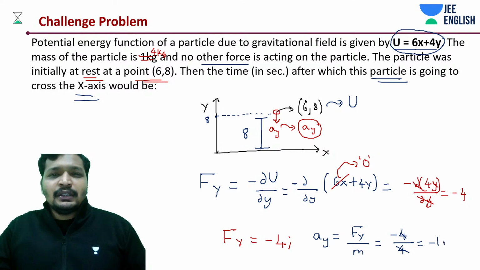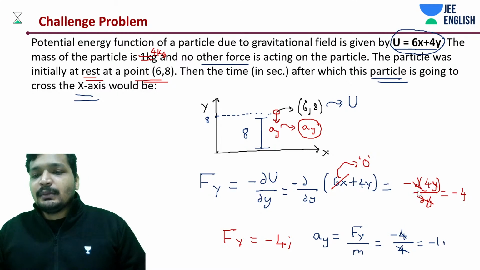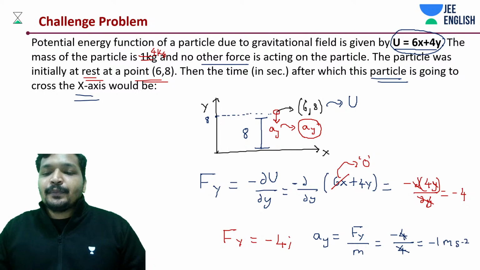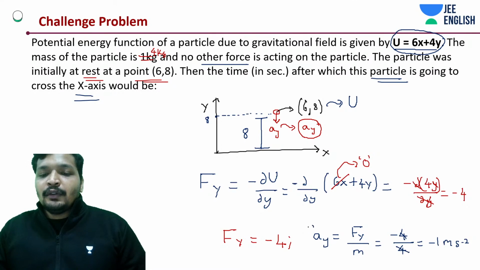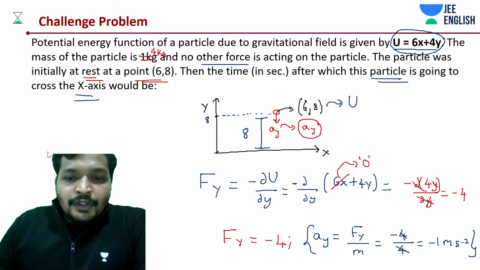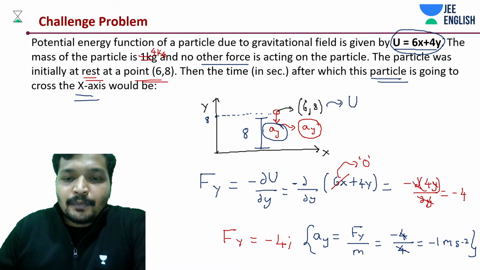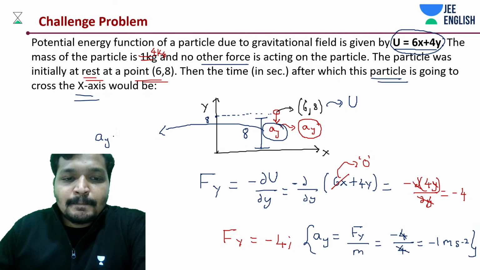No units are given, so let's just keep it as minus 1 meters per second squared. Now we got the acceleration. We know this quantity, minus 1 meters per second squared.